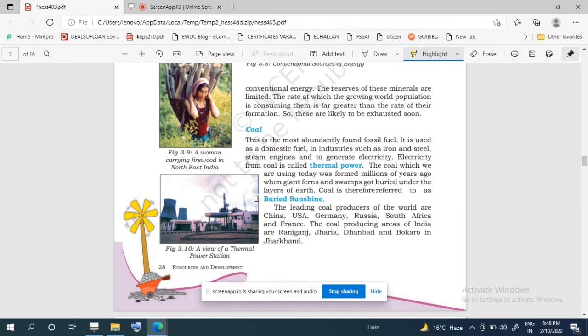So in older times, coal was one of the most important sources of energy, used for so many purposes. And the electricity which is generated from coal is called thermal power.